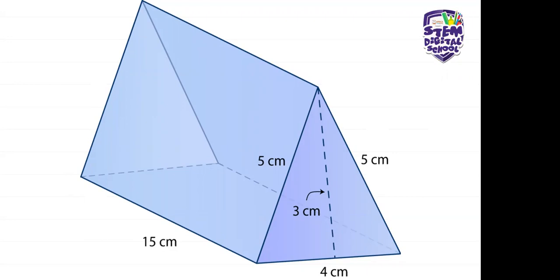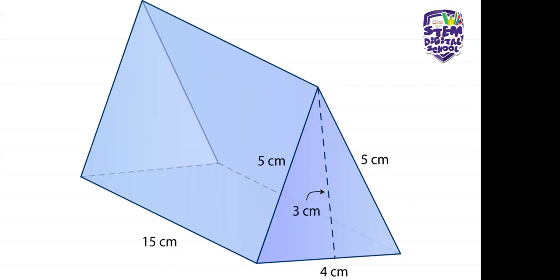Yes, of course. But the 2 bases that are joined together to form a triangular prism in this case are the 2 triangles. Those are the bases that we're talking about.